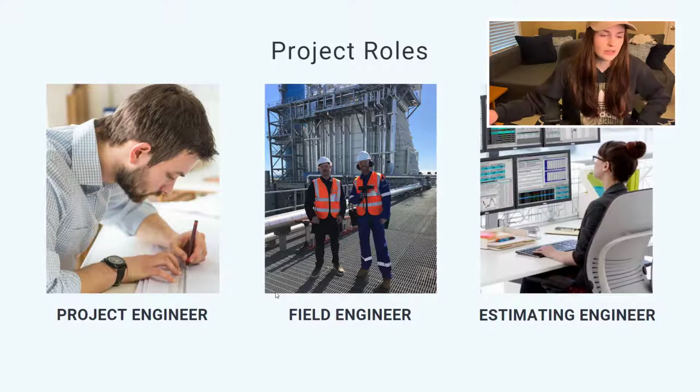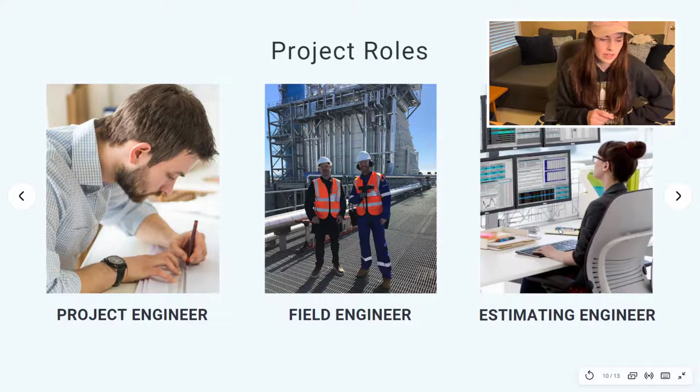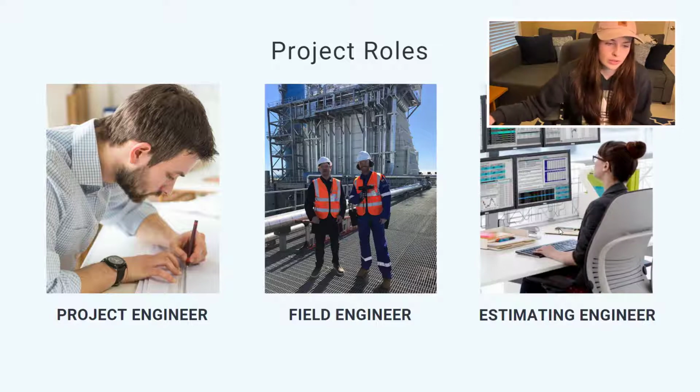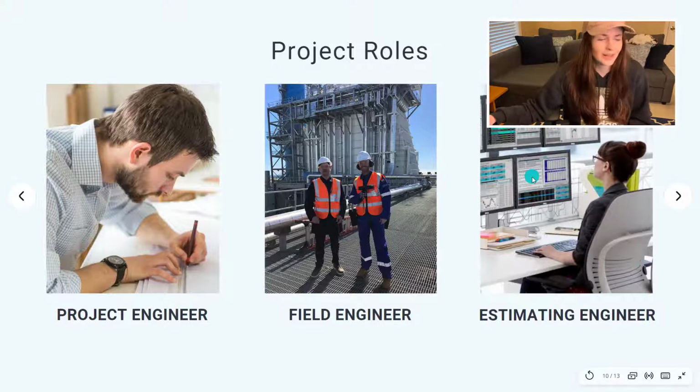And then there's estimating engineer. I've been in this role as well, and it's mainly doing all the pre-construction work to make sure that when you do the actual construction, it turns out well. I put a girl with a bunch of computer screens because that's what I do.